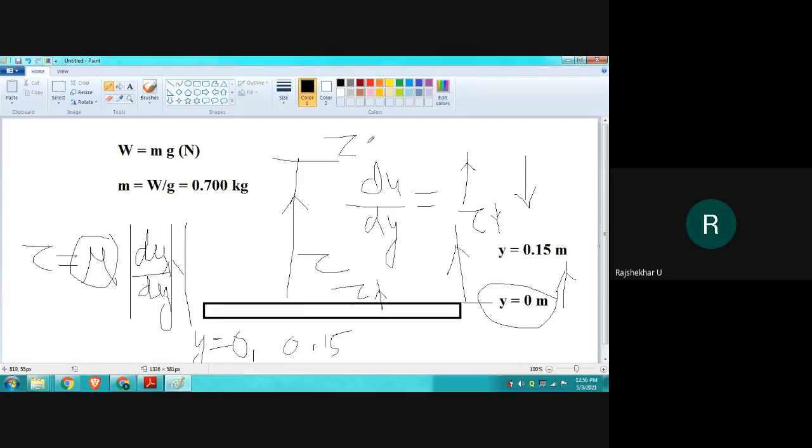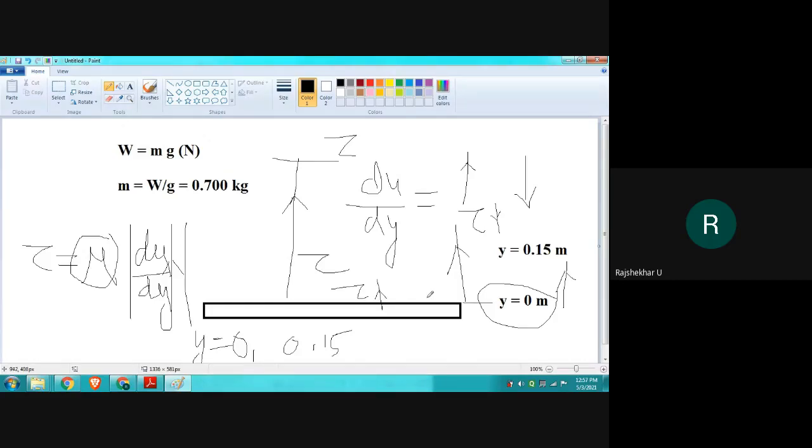Away from the plate, shear stress is decreasing. Simple reason: near the wall, there will be more friction, more resistance to the flow. So viscosity will have an effect on that shear stress value.